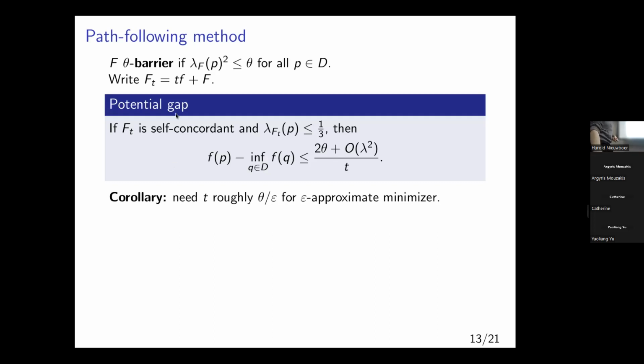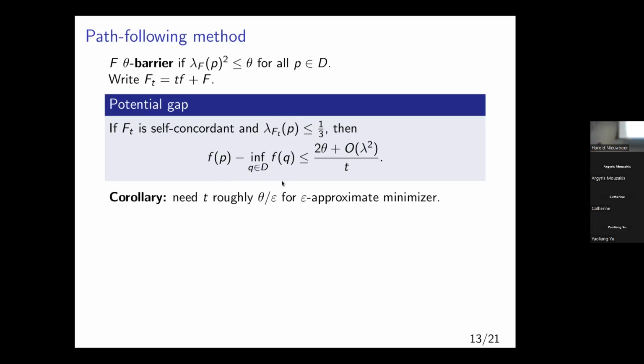Now you can show that if this f_t is still self-concordant, which is for instance the case if this f is a linear or quadratic thing, and the Newton decrement is at most 1/3, then the gap in function value for the objective that I'm interested in scales like the parameter of this barrier divided by t. There's some extra term here which you can basically think of as 1.